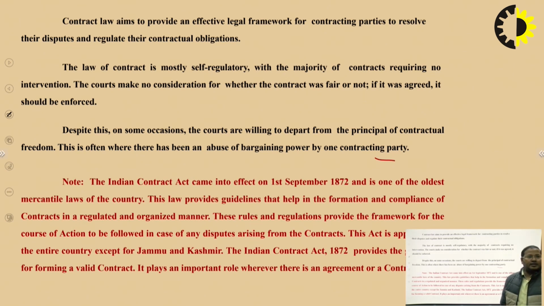The Indian Contract Act came into effect on 1st September 1872 and is one of the oldest mercantile laws of the country. This law provides guidance that helps in the formation and compliance of contracts in a regulated and organized manner.